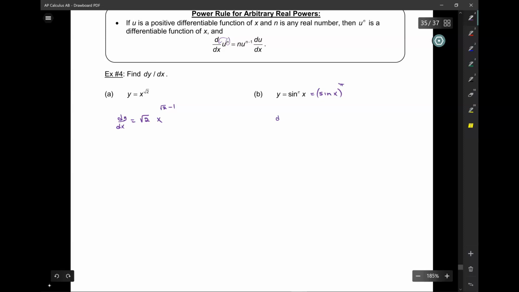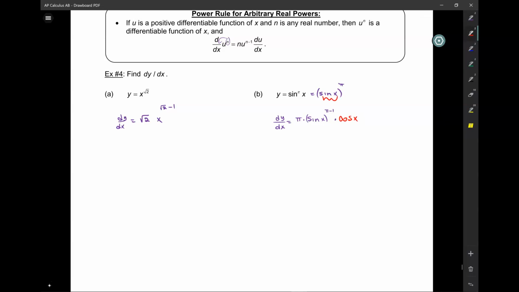So now dy dx, the pi will come down, times sine of x to the power of pi minus 1. Don't do weird things like 2.14, right? It's pi minus 1 times the derivative of the inside, which is cosine of x. And that's it. Okay?